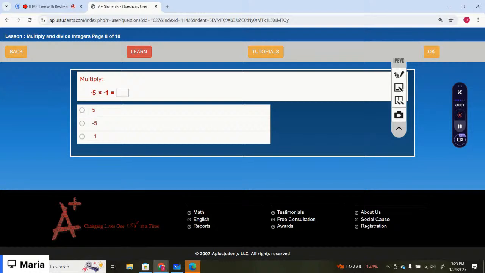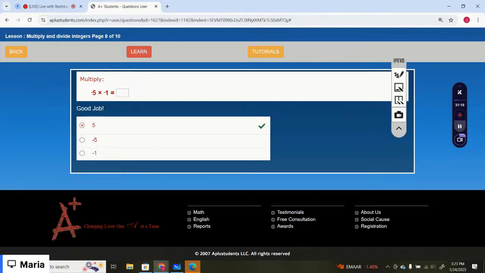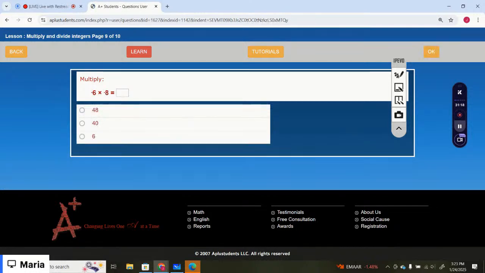Negative 5 times negative 1, which is the correct option? Negative 5 times negative 1 is 5 because both the numbers have the same sign, so the answer is positive.